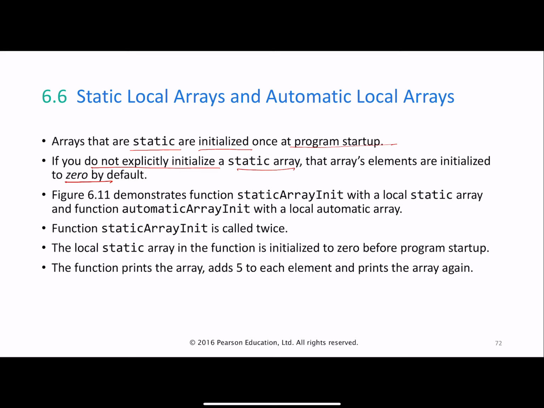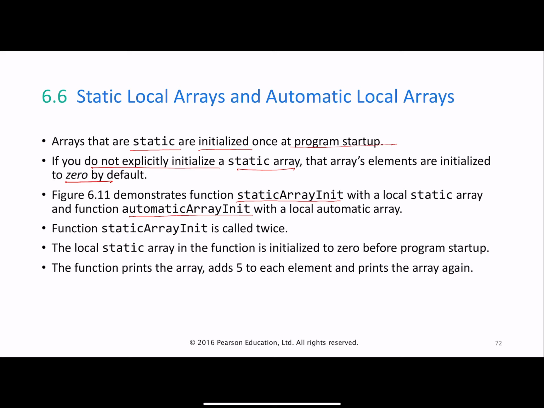And to see the difference between an automatic local array and a static local array, we're going to look at an example program. This program uses two functions in its main function. One is called static array init, and the other one is called automatic array init.